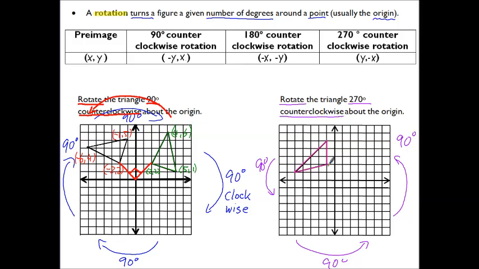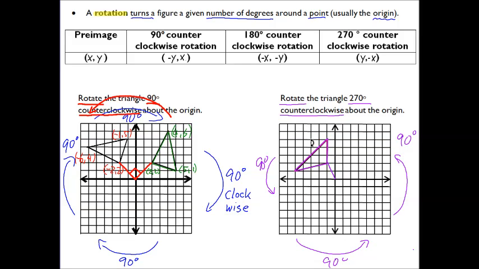Let's draw a popsicle stick here. And now we're going to rotate our triangle 90 degrees counterclockwise, another 90 degrees counterclockwise, and another time 90 degrees counterclockwise. Here we are.